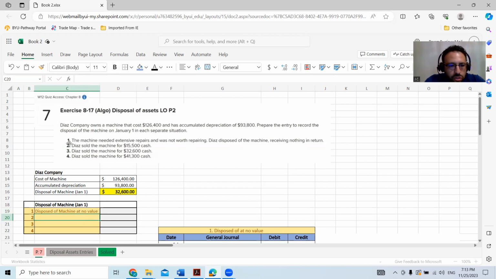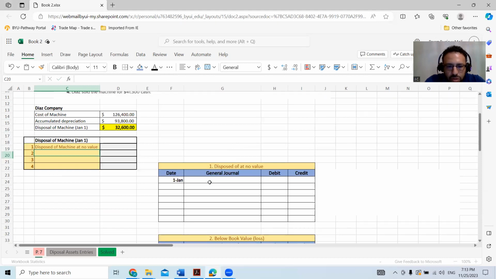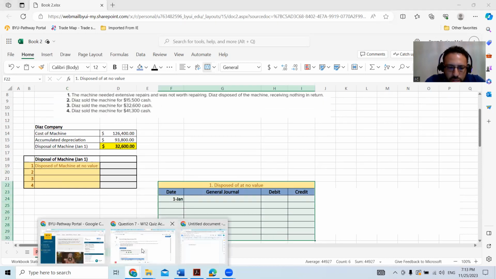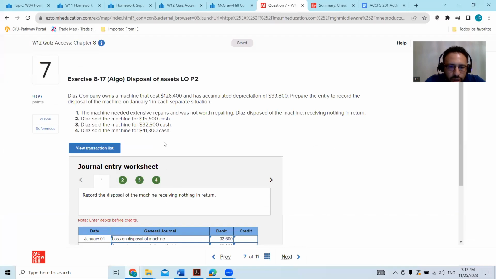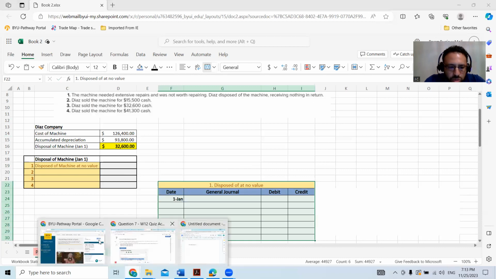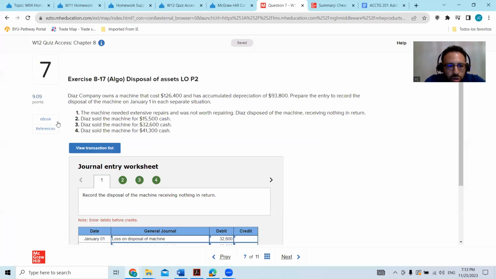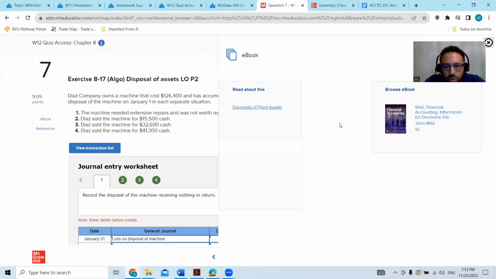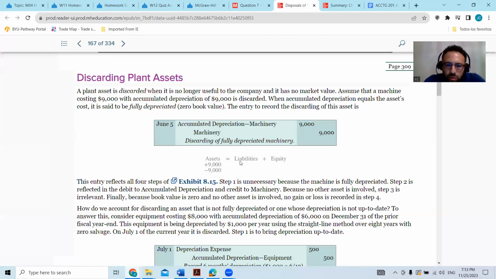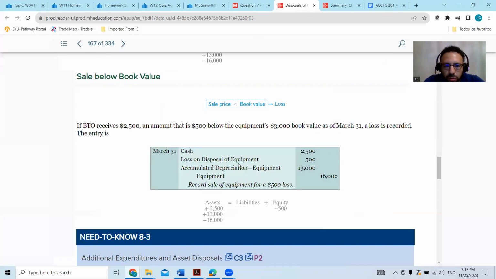So we can solve this one since it's the first one, and I have this tab here representing the tab that we'll have on our problem. Also, typically what I do is click on the ebook and it'll always show you an example of how to do it.